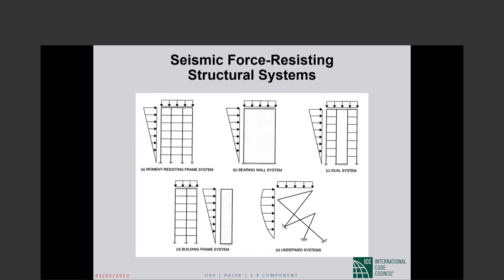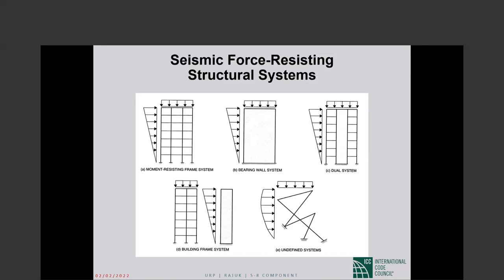The thing to watch out for when you do one of these systems is that there is the very important deformation compatibility requirement. The frames must continue to carry full factored gravity loads as they deform together with the seismic force resisting system consisting of shear walls all the way up to the design earthquake intensity.